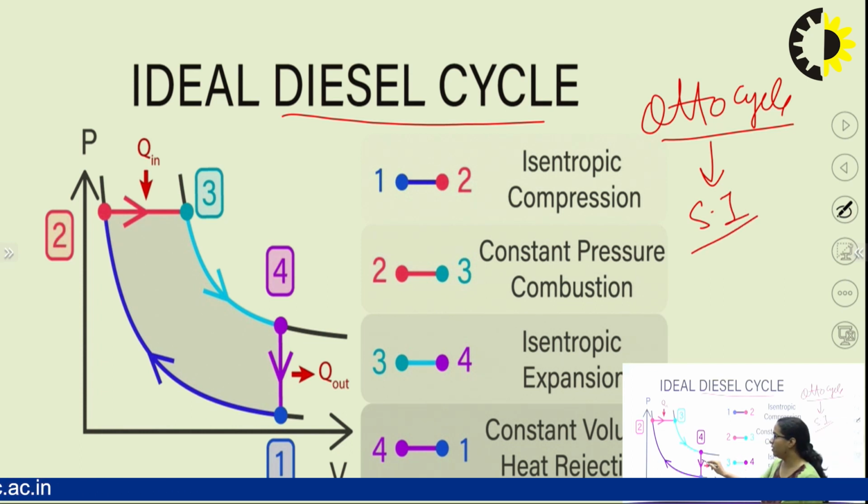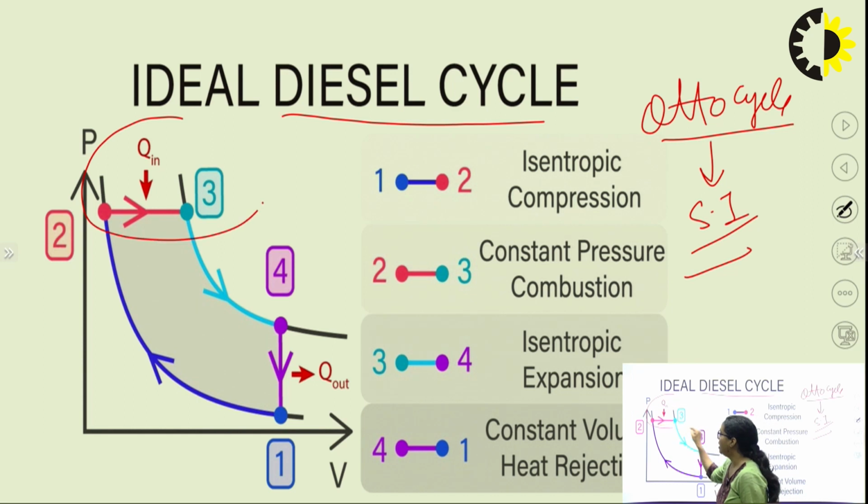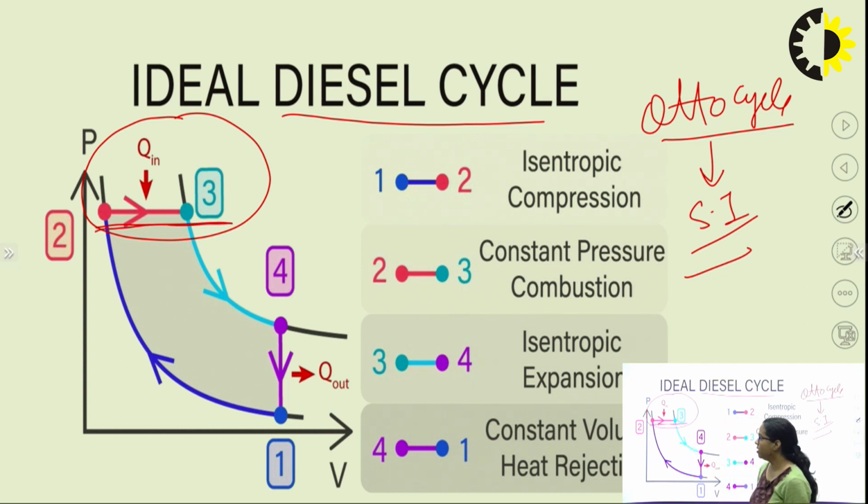There is one basic difference in comparison with the SI engine, the heat injection process, where combustion is done, that is process 2-3. In SI engine it was done under constant volume, but in this case it is done under constant pressure.